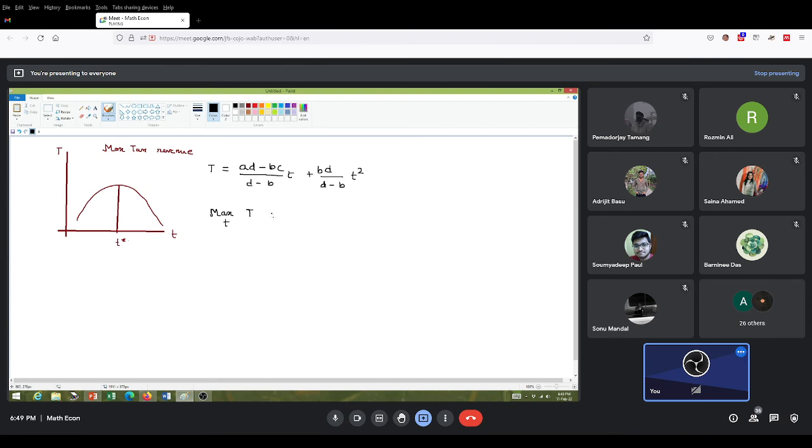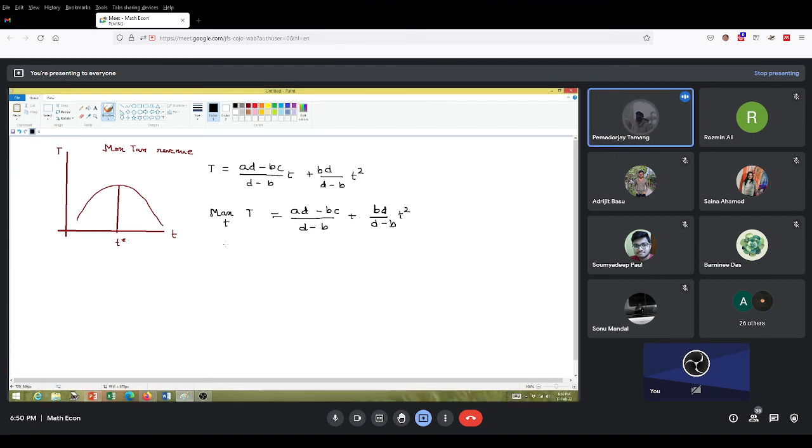What is the condition for this? How do we find the maximum? We set it equal to 0. We don't set it equal to 0 before that. Before that we take the derivative. Differentiate, yes, and that we equate to 0.